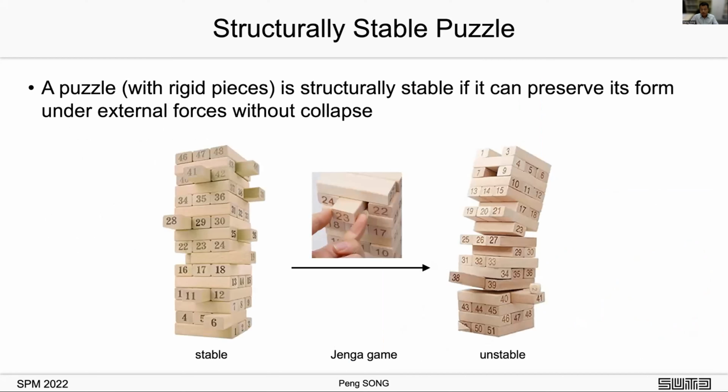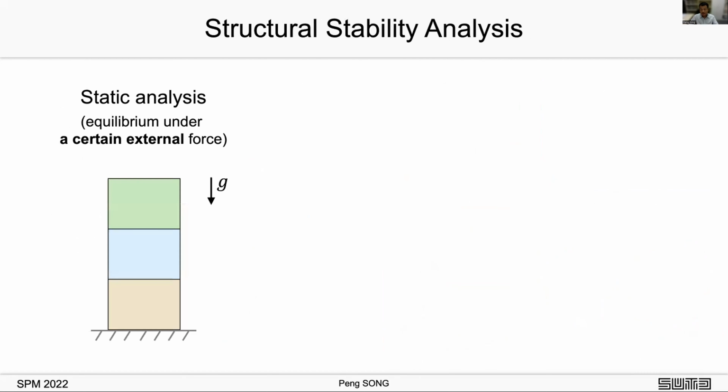A puzzle with rigid parts is structurally stable if it can preserve its form under external forces without collapse. Structural stability is a necessary condition for playing 3D puzzles. Computational methods can be developed to analyze whether a given puzzle is structurally stable or not. One typical method is static analysis.